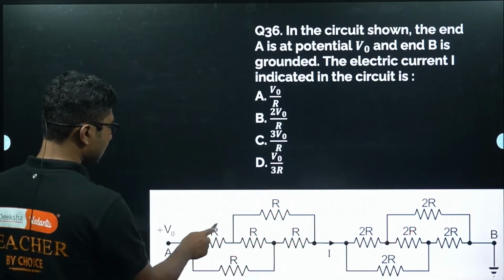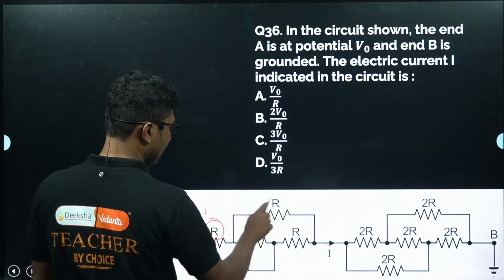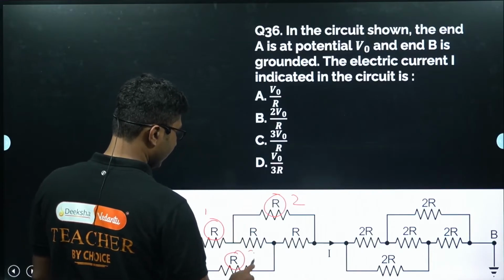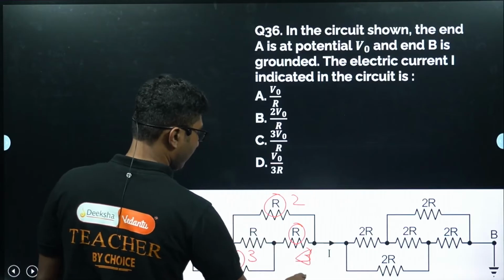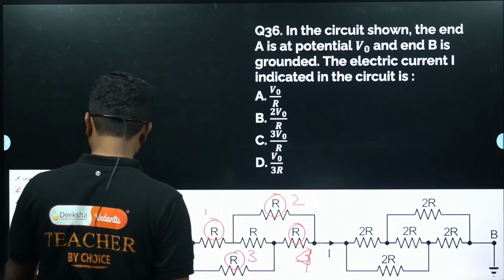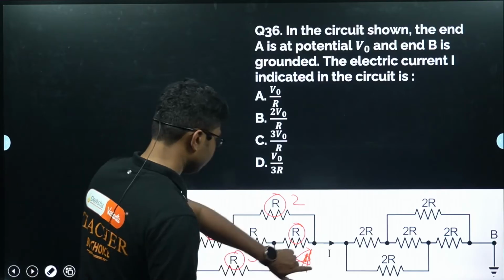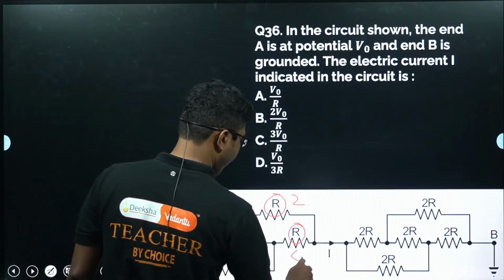So these two are in series, 1 and 2, and again 3 and 4 are also in series. Right.